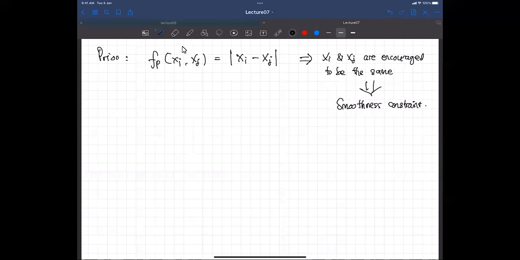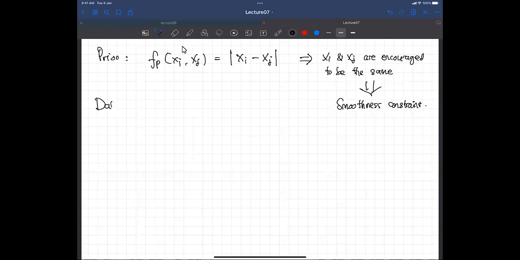Any questions here? This is important, not only for your assignment, but also for your exam, to understand how you can define the prior and the reason behind the prior. And that's for the prior.